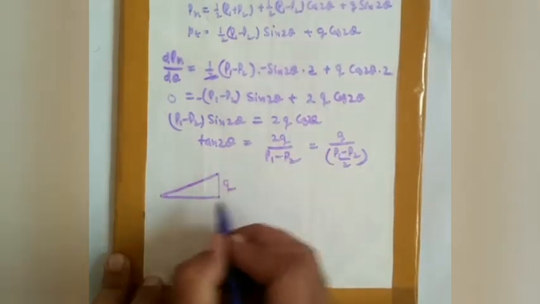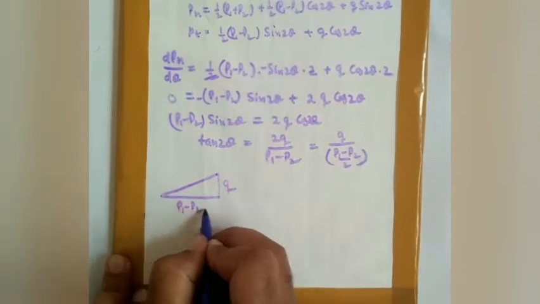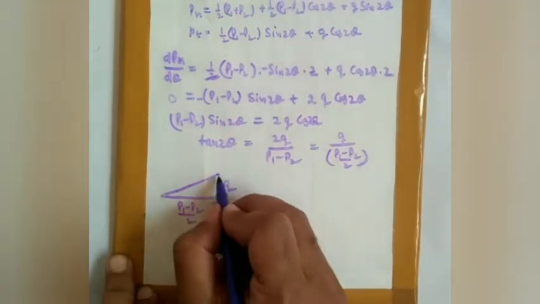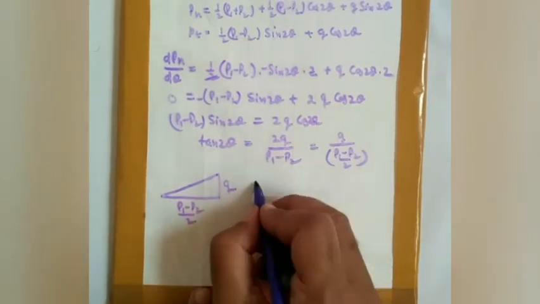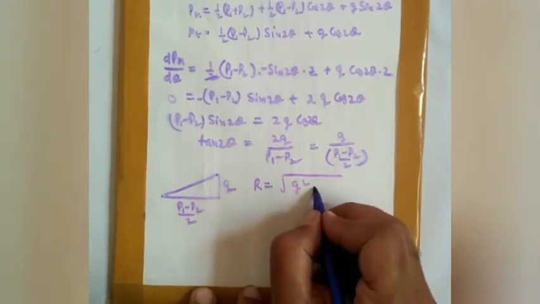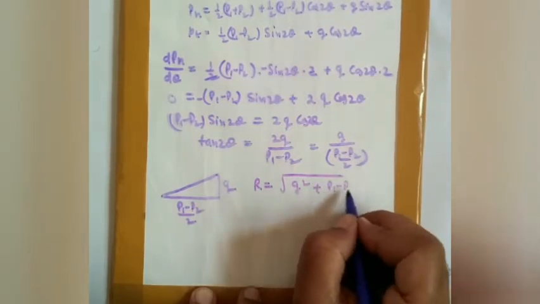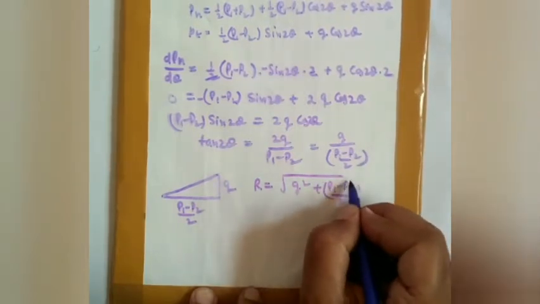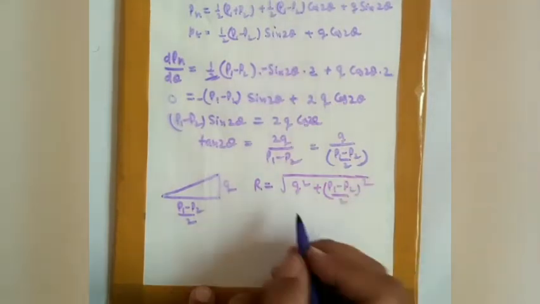This side is q, this side is (P1 minus P2) by 2, and the diagonal would be root of q square plus ((P1 minus P2) by 2) whole square.